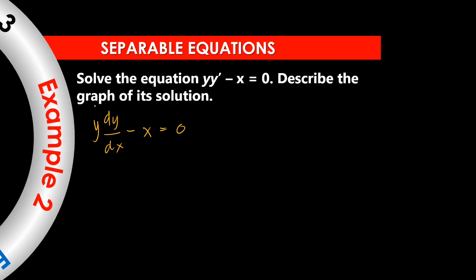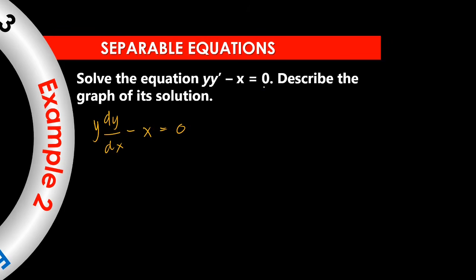So, as you progress and improve your problem-solving skills, sometimes there will be no need for you to rewrite the equation like this. Because if you see that the differential equation given looks like this, you can just multiply both sides of the equation by dx, and of course, mental calculation would be very helpful.